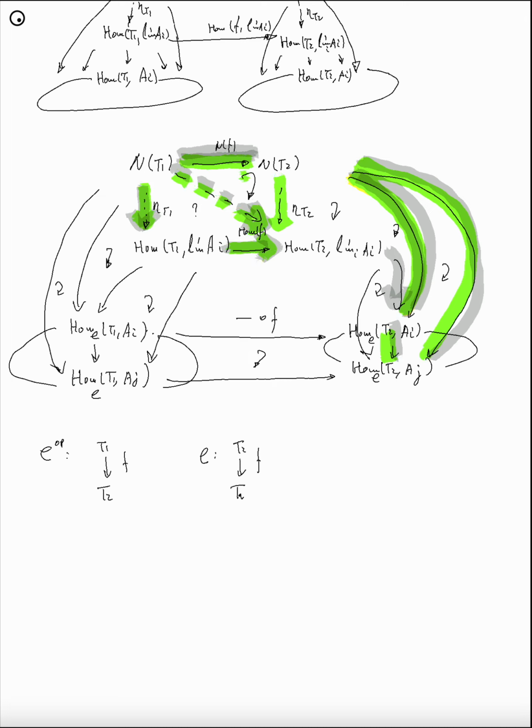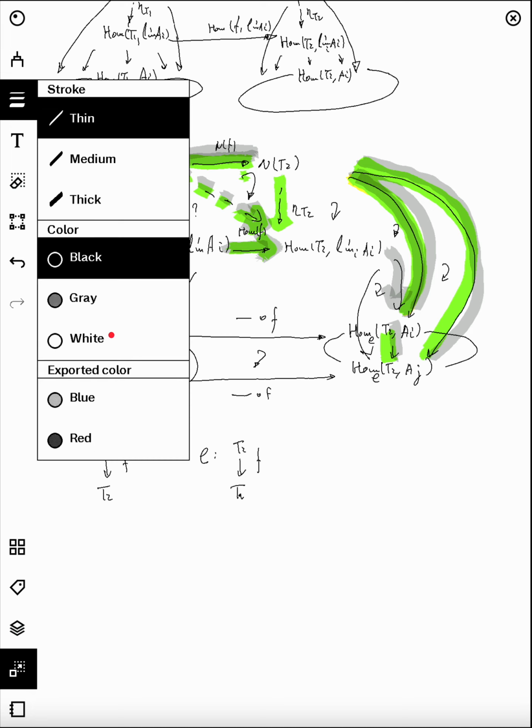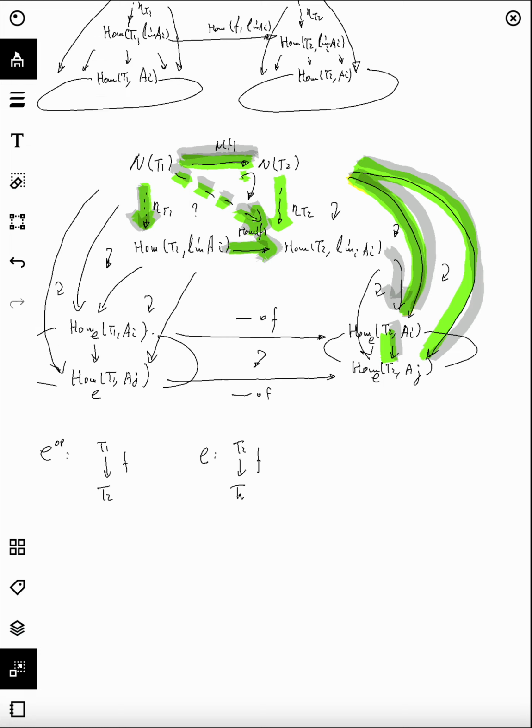Have this commutative diagram here. And so now what we want to do is that we want to check that this diagram commutes, but what we can check is that we know that this is the same as this.